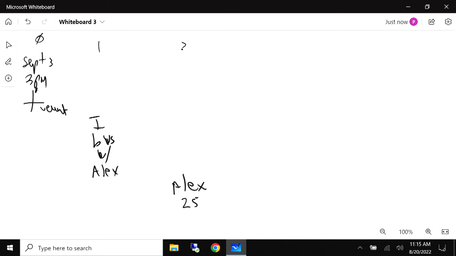Now, the number one and number two columns are associated with someone who is actually doing an action. So on September 3rd, at 3 p.m. at the corner of First and Vermont, I was waiting for the bus with Alex. And then I talk about Alex, saying Alex is 25. The fact that I mentioned Alex here doesn't mean I have to open a new column for Alex, because in this sentence, it says I was waiting for the bus with Alex.